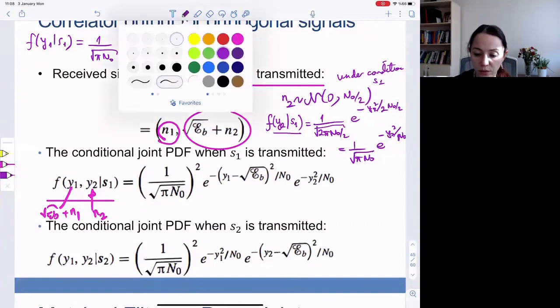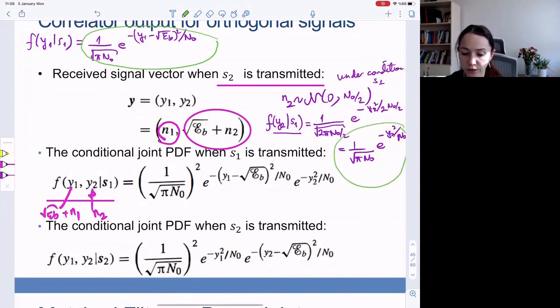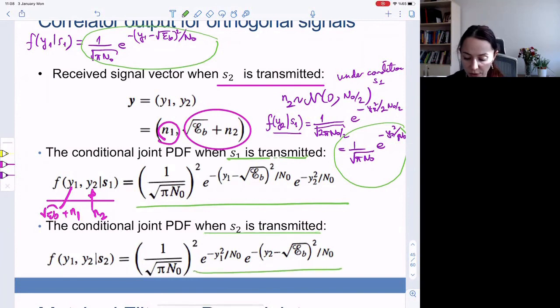Now, when I multiply f of Y1 given S1 and f of Y2 given S1, I find this expression. This is under the condition that S1 is transmitted. By symmetry, under the condition that S2 is transmitted, we find this expression where the roles of Y1 and Y2 are now reversed.